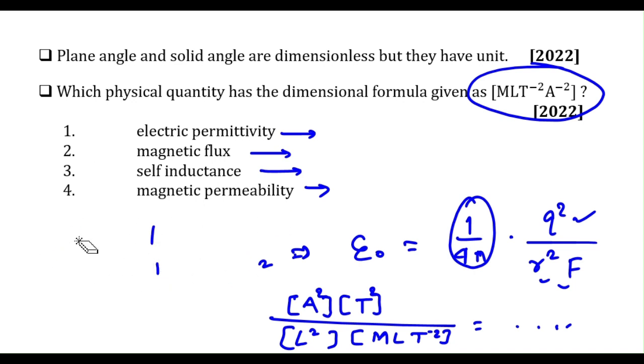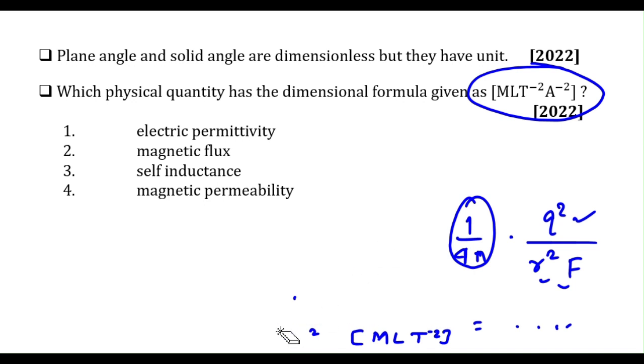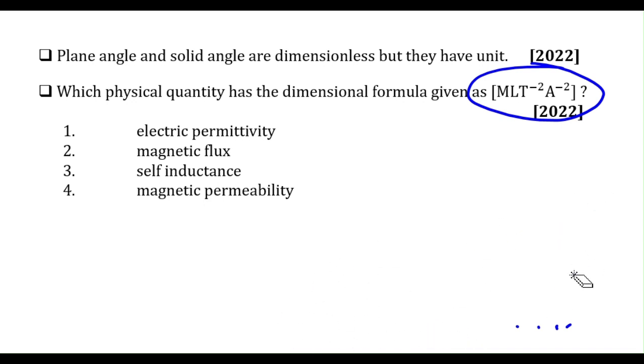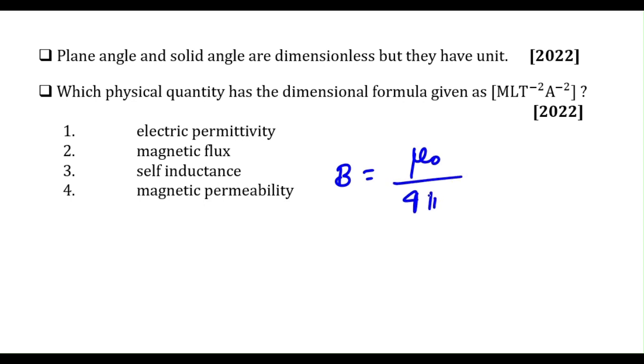I am just saying the answer here, and you can check all these things by yourself by choosing some simple formula and then reducing them to fundamental quantities. So how can you do that? Magnetic permeability you will find in the Biot-Savart law. There you will find mu naught by 4 pi, and then I into dl sine theta by r square.